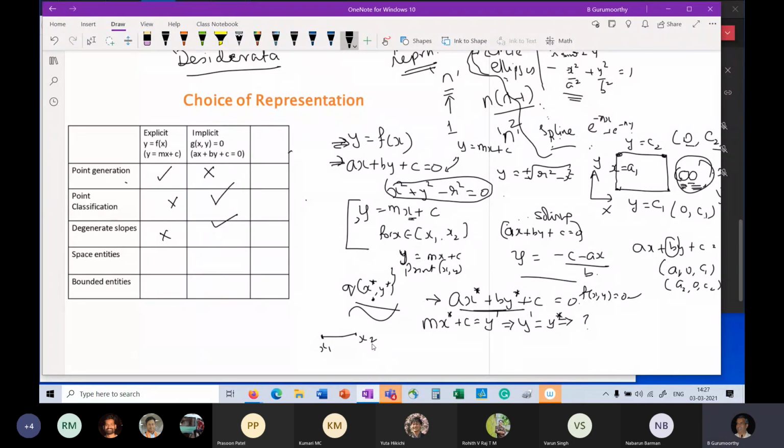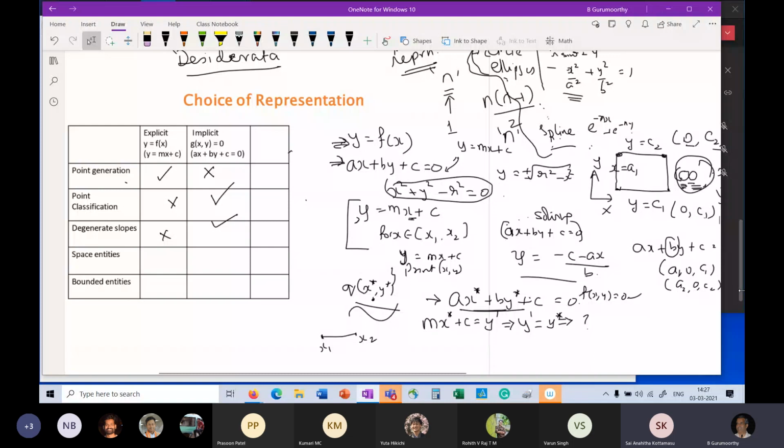Same question. Which of these two entities is good at representing a line segment as opposed to a line? Any thoughts? Sir, could you repeat that?